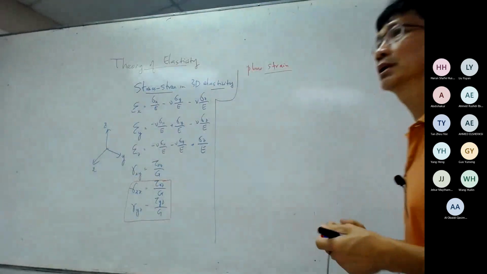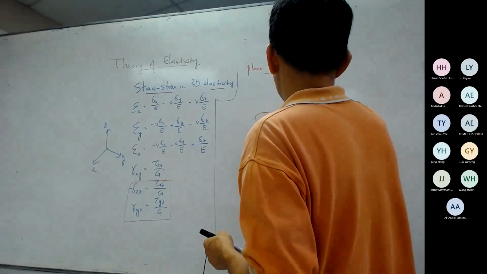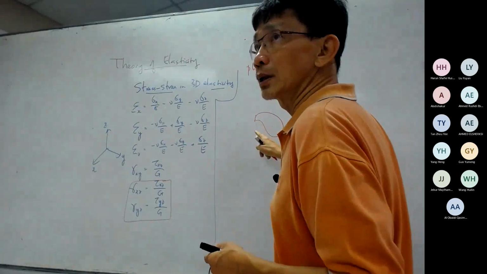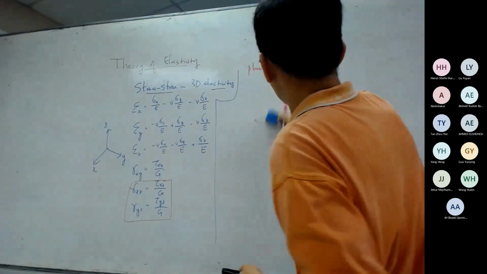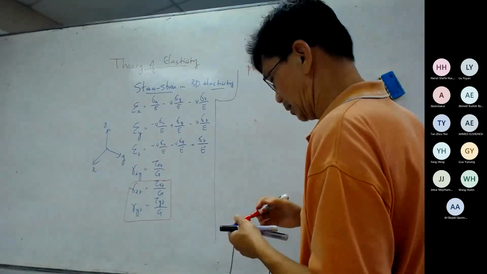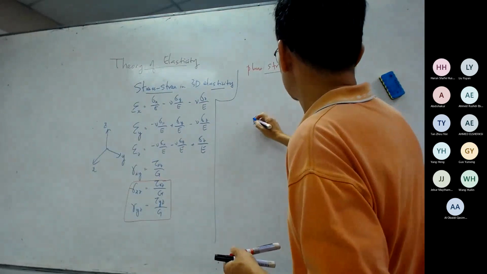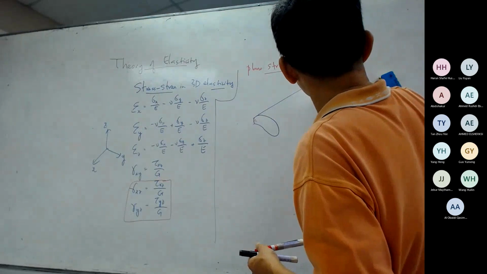So plane strain, typically we have a body of constant cross section, which is very, very long in one particular direction. So we have here, and all the cross sections are the same.